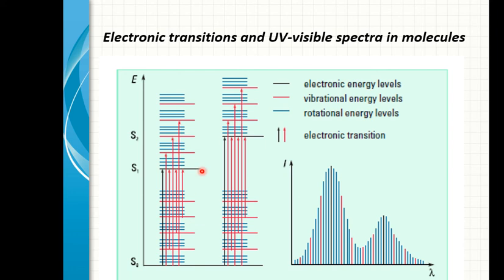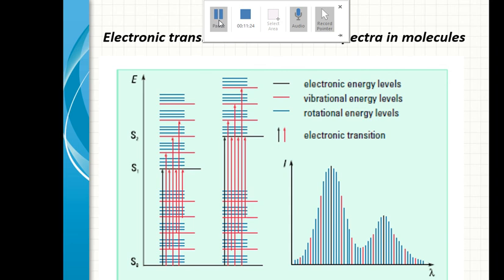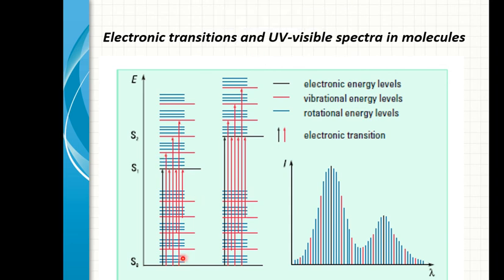So the difference in energy between E1 and E2, this is electronic and this is electronic, the difference in energy is high. This is the lower energy level and this is the higher energy level. The difference between them is high compared with vibrational. The difference between vibrational energy levels is low compared with electronic, and this is rotational.